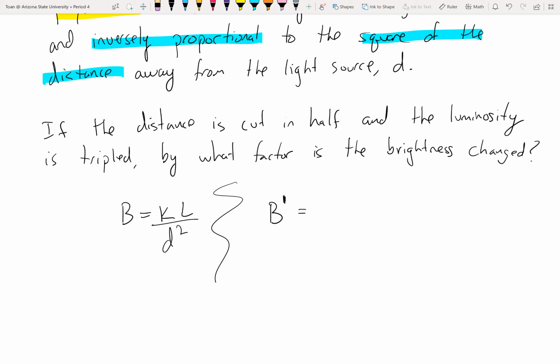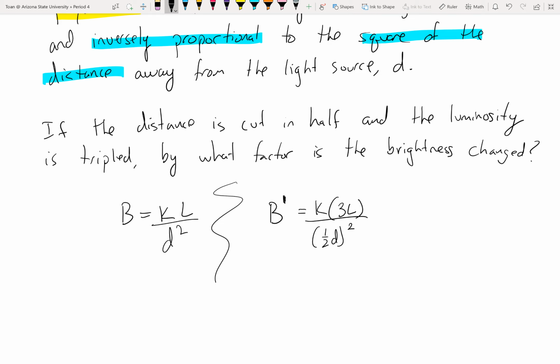They didn't say anything about that, so it leaves us K. Next comes L. What did they say we're doing to luminosity? Tripling, which we should know is times 3. So this is 3L. Over D, and D is distance. What are we doing to distance? Cutting in half, which is 1/2, right? 1/2 D. Notice how I'm using parentheses to substitute. Get into that habit. It makes things a lot clearer. So that's all we did. We just changed the equation based upon the problem.